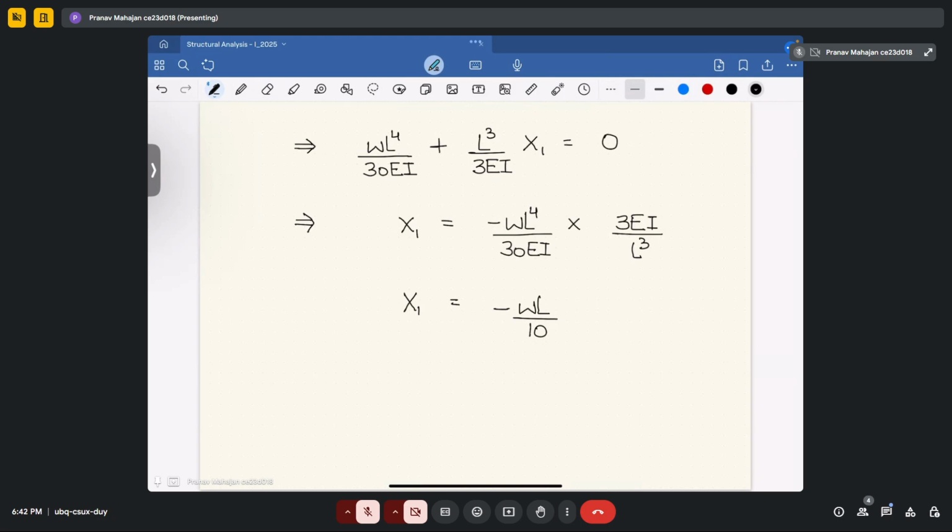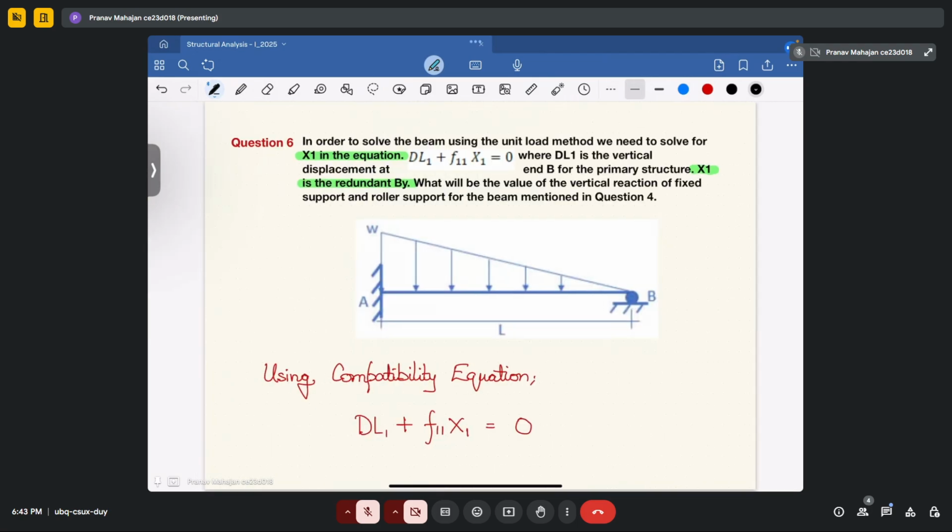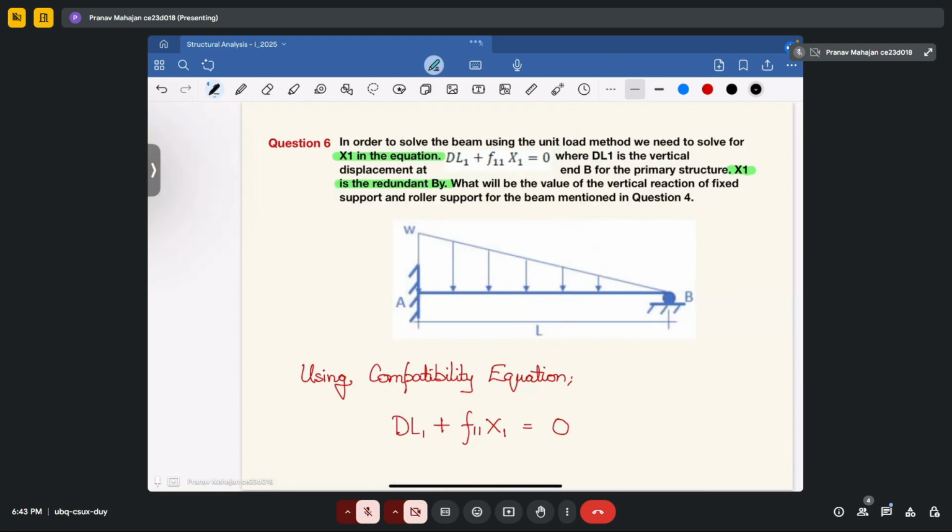Fine. So this will become your reaction By. Okay. So I think if we take one of them to be negative, you will get the reaction to be a positive one, because your DL1 came out to be negative.